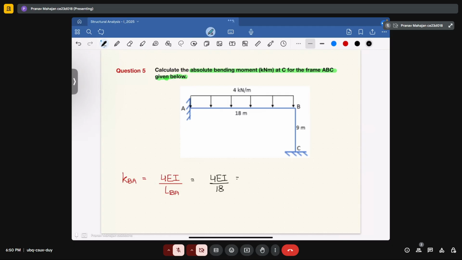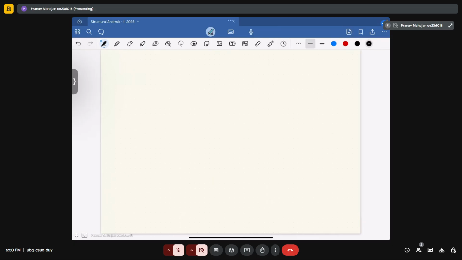That means 4 upon 18 equals 2 upon 9, and that will come out as 0.222 EI. Okay. Similarly, you try to calculate for K of BC.